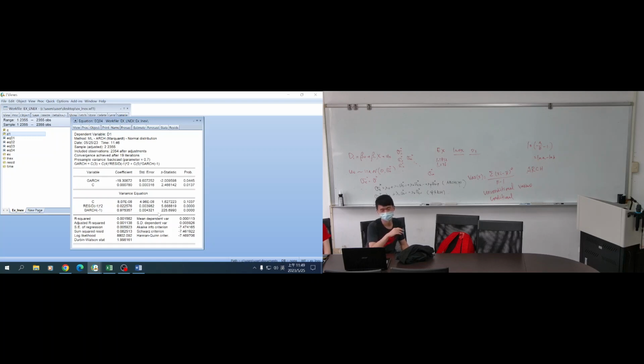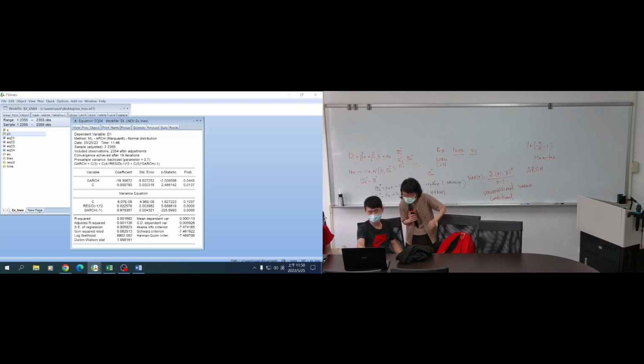But that's interesting. You said we can only use the GARCH-M when we test the... Yeah, that's right. That means your risk is significant. If this is not significant, then maybe GARCH will be enough. We don't have to consider that risk.